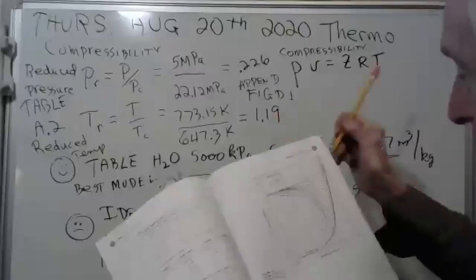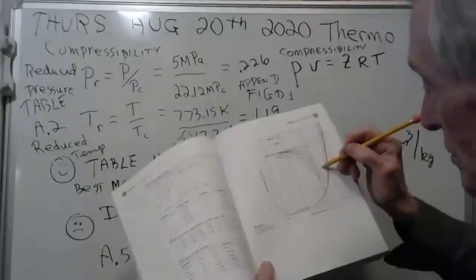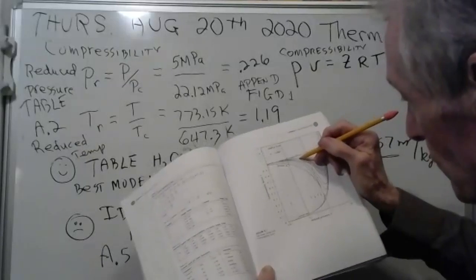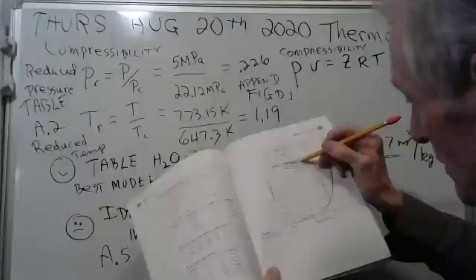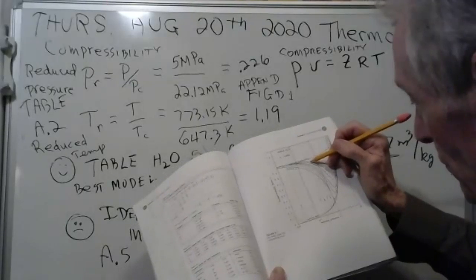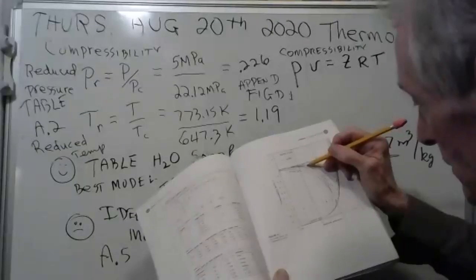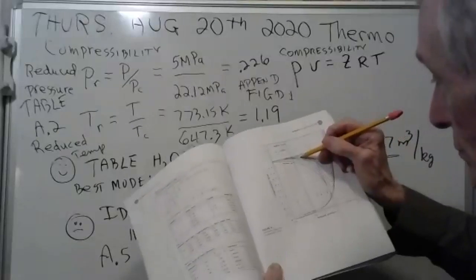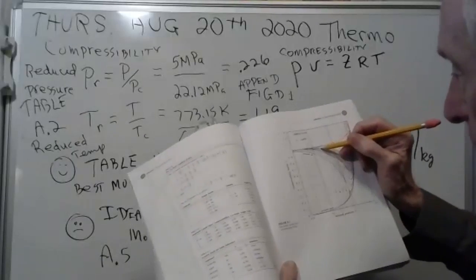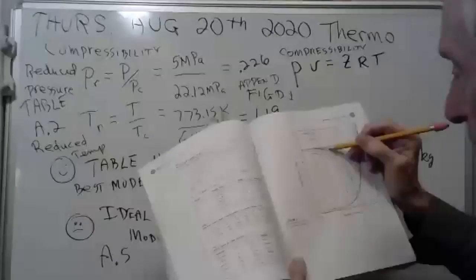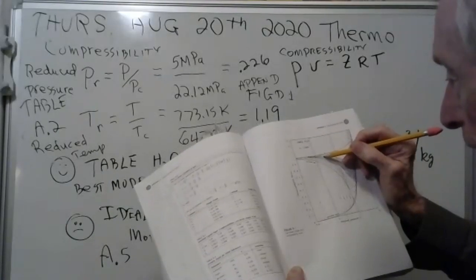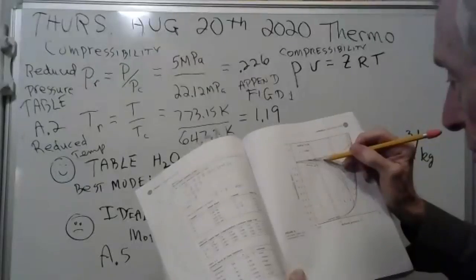How about 1.2? Round it off to 1.2. Do you see that 1.2 right there? I follow that 1.2 over to where I've got the 0.226, and it looks to me like the value for Z is about 0.96.